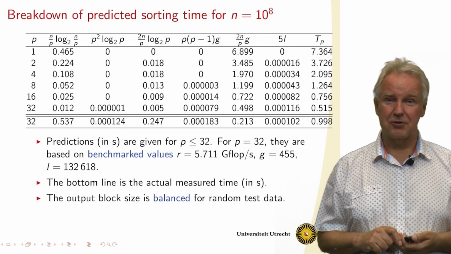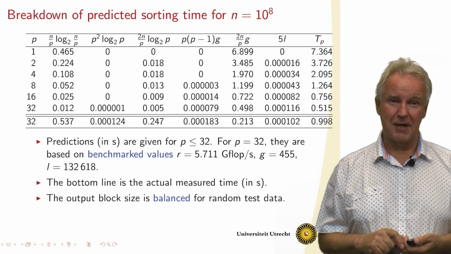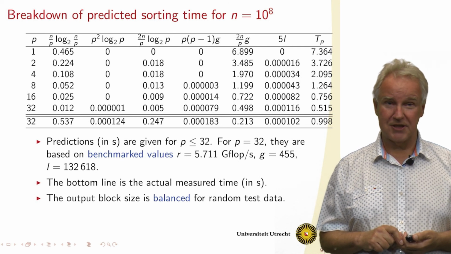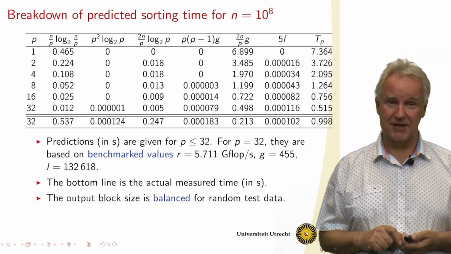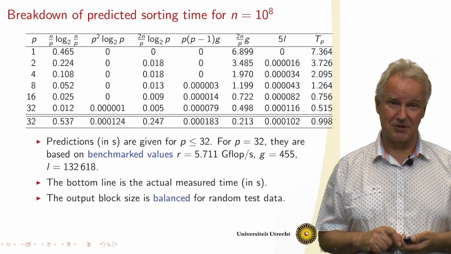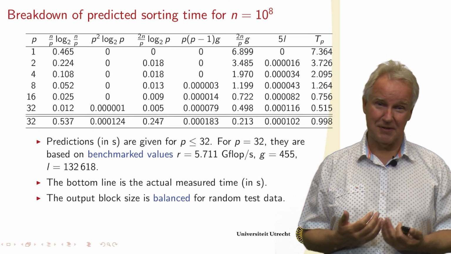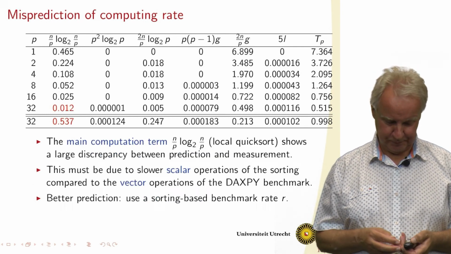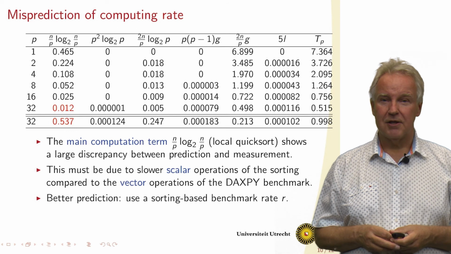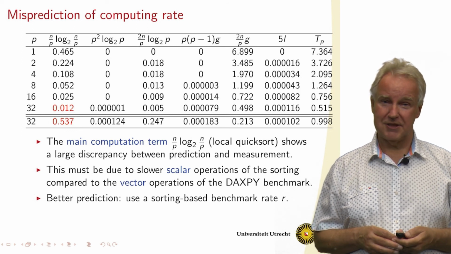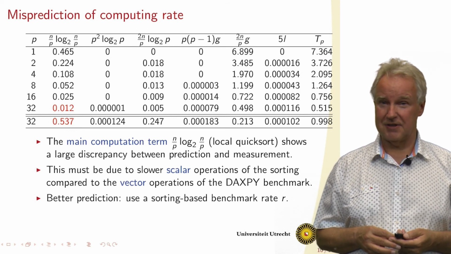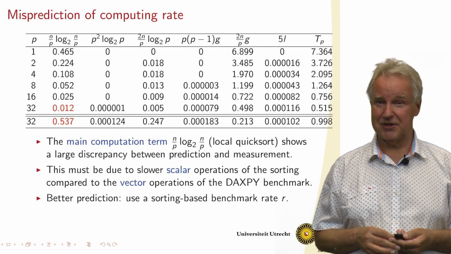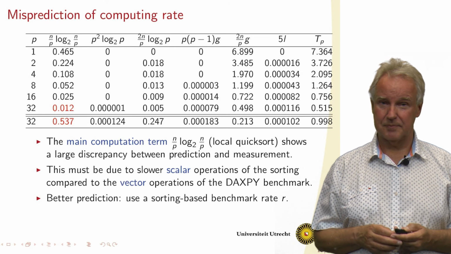And altogether, the total time is in the last column. 0.5 seconds is the prediction, and it's about 1 second is what actually happens. So some of the errors in prediction cancel out, so that's lucky. The misprediction, this is what I just said, is due to the scalar operations that are not very efficient in the algorithm.